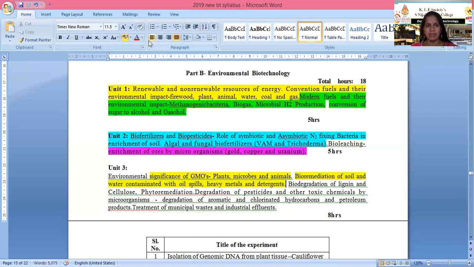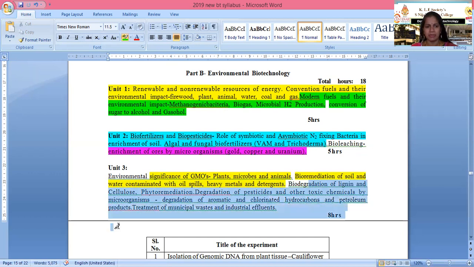Then the next one is biodegradation. Under this, biodegradation of lignin and cellulose you are going to study. Then phytoremediation, degradation of pesticides and other toxic chemicals by microorganisms. Then degradation of aromatic and chlorinated hydrocarbons and petroleum products.